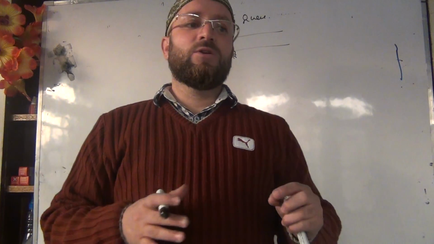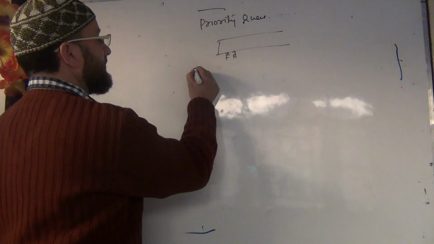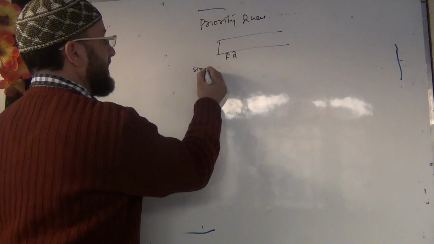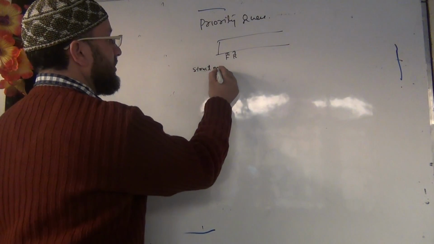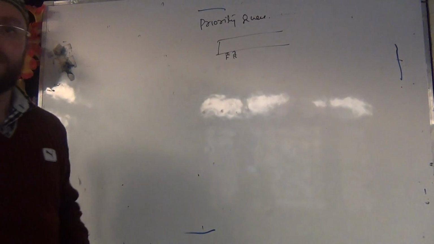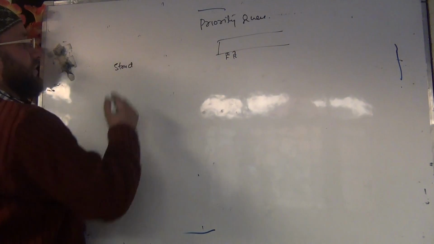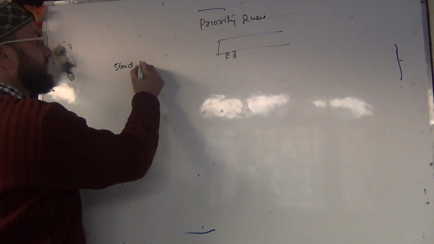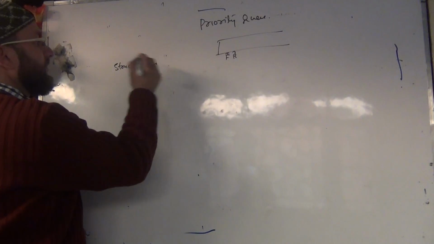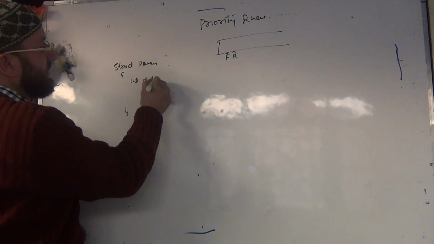So we can implement it using a linked list. For this, say for example, we have a struct, let me write it on the side, which we call PQ, priority queue. It may have three things. One is int data.